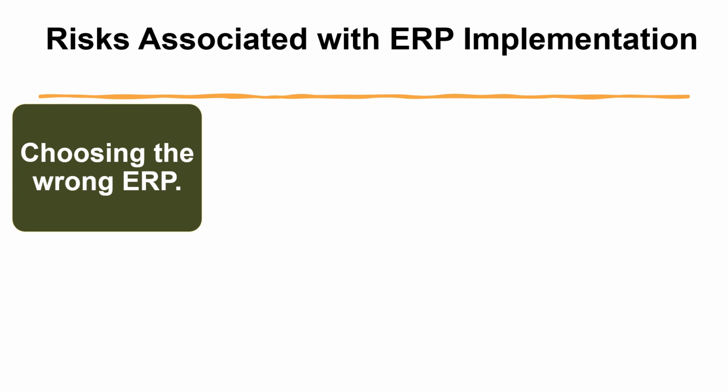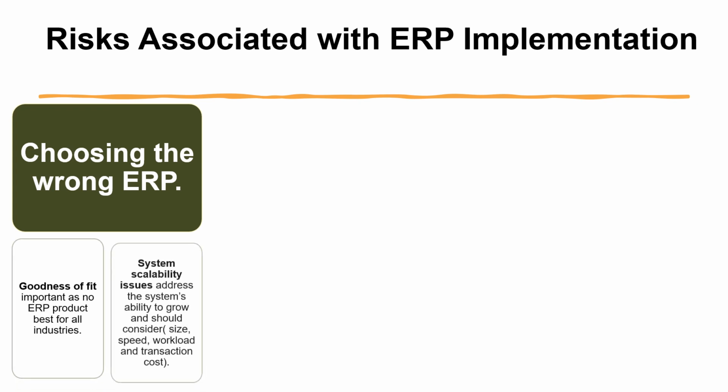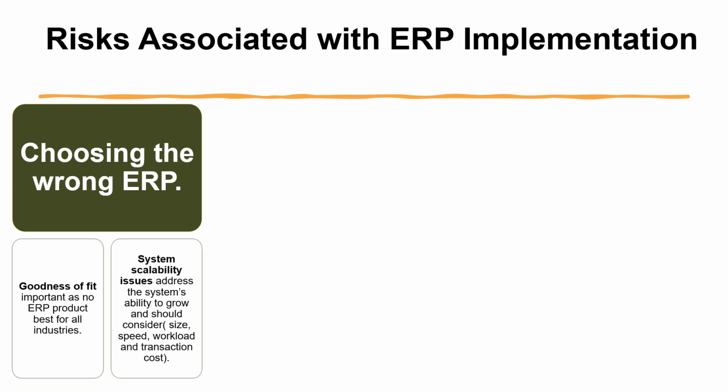So before choosing the ARB, you need to first understand what the ARB system is, what fits the industry that your company or organization is in, and then understand the system scalability issues, addressing the system's ability to grow, and consider the size, the speed, the workload, and transaction cost.